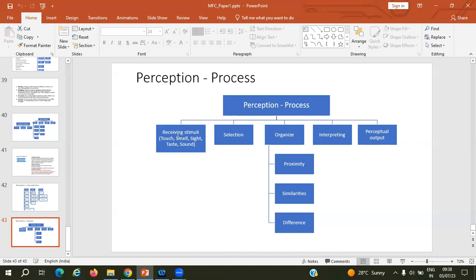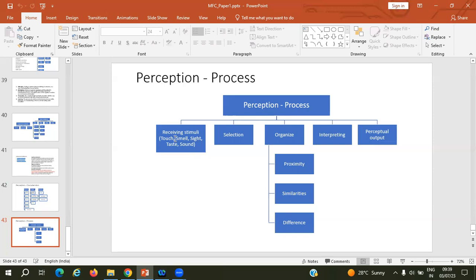What is stimuli? We can consider the same example, whatever you have seen from the road, I was telling. You saw a car or a vehicle. Whatever you are seeing, that is receiving stimuli, input to your perception.